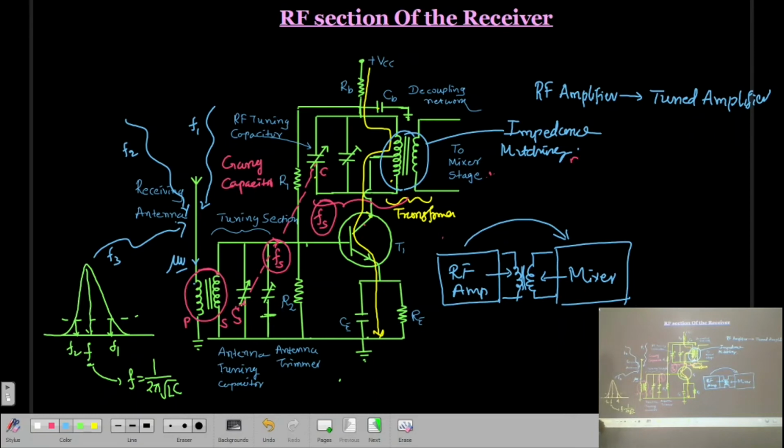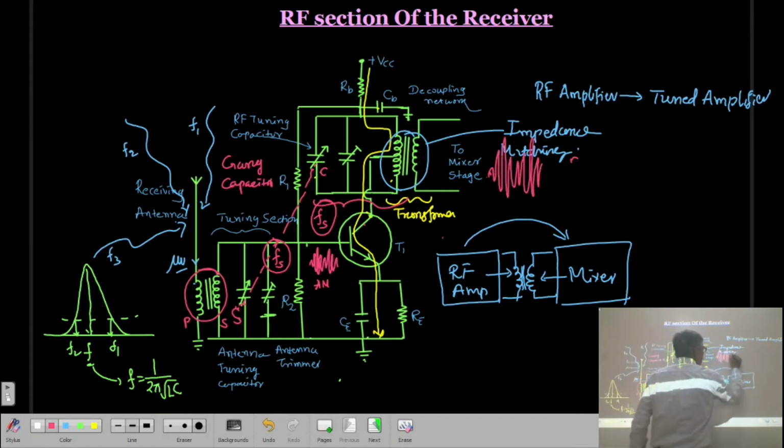If you look at this waveform, at the input our waveform is like an amplitude modulated wave, and this is the AM wave with a very small signal amplitude. This signal will be on the order of a few microvolts or millivolts, but in the secondary we have a large amplitude of this signal.